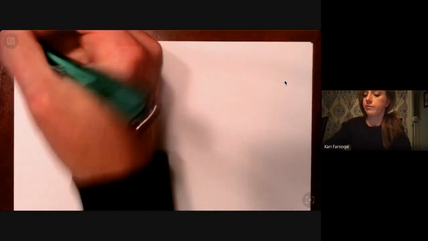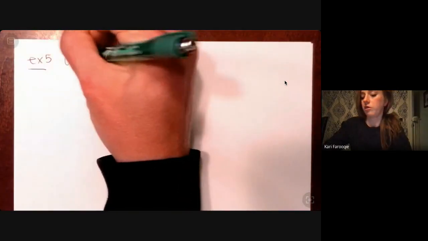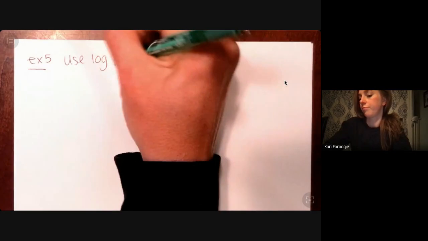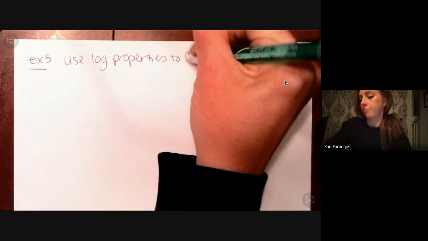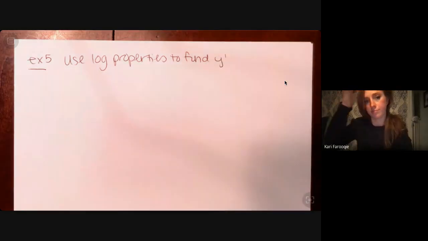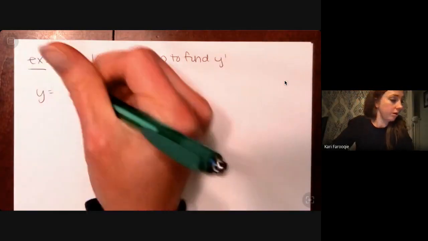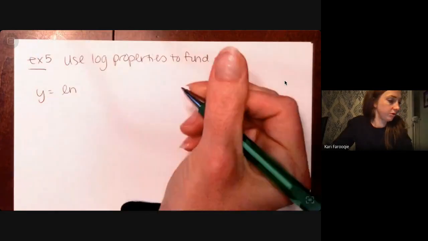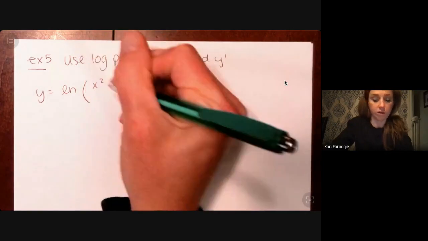Example 5. Use log properties to find y prime. So I'm going to give you a big honking logarithm, and we're going to break this down to make the derivative easier for us.